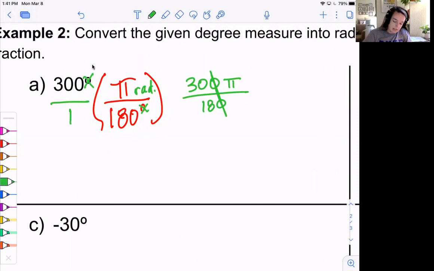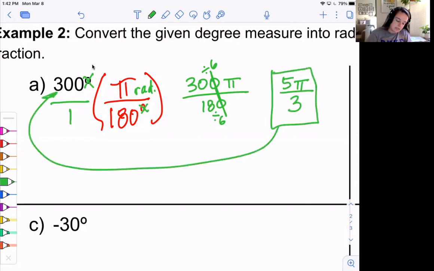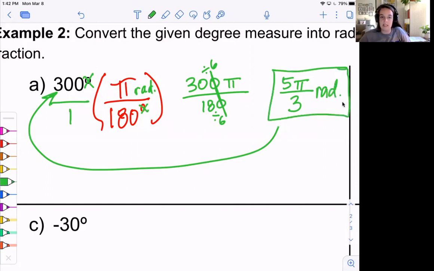So I'm going to go ahead and divide by 6 on top and bottom. So I get 5 pi over 3. So 5 pi over 3 is the same as 300 degrees. I'm going to go ahead and write my units here, which would be radians. They can abbreviate to RAD.